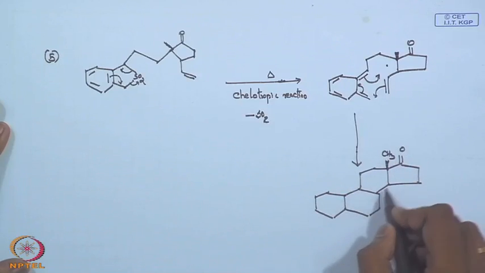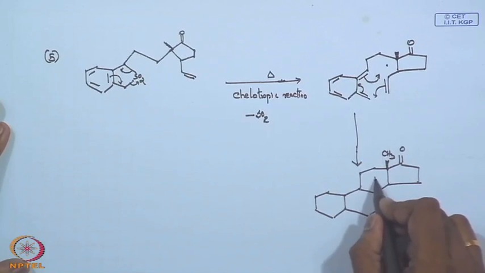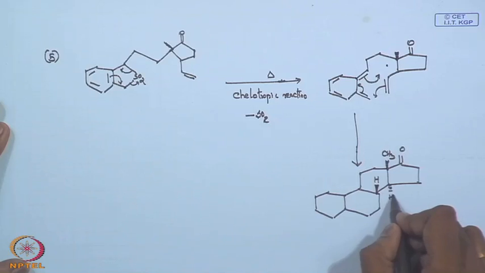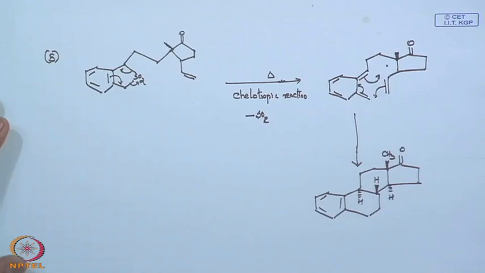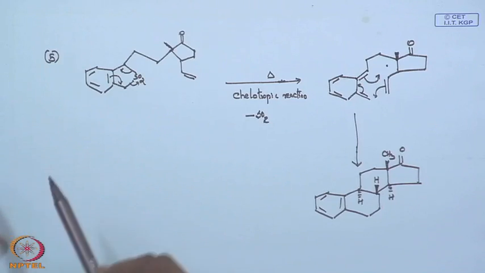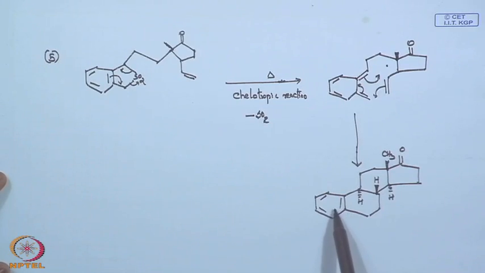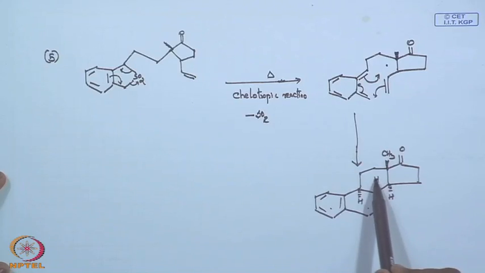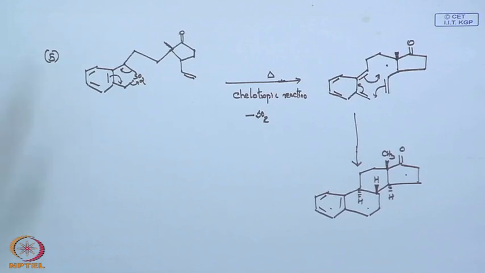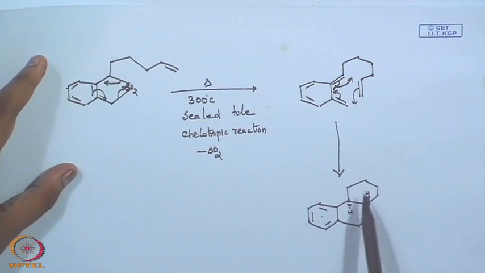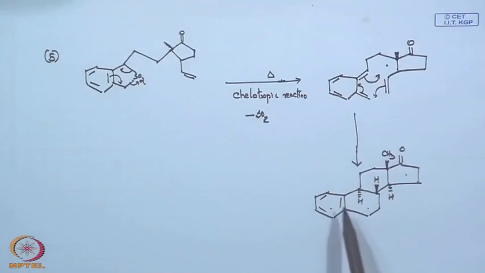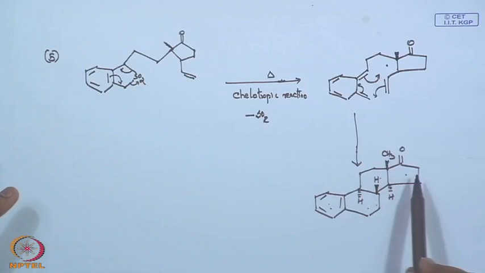Methyl, hydrogen, hydrogen, and your aromatic ring. See how beautiful it is. I have constructed like four rings in this case. In the earlier class I showed that I constructed A, B, C. In this case, A, B, C, D rings.